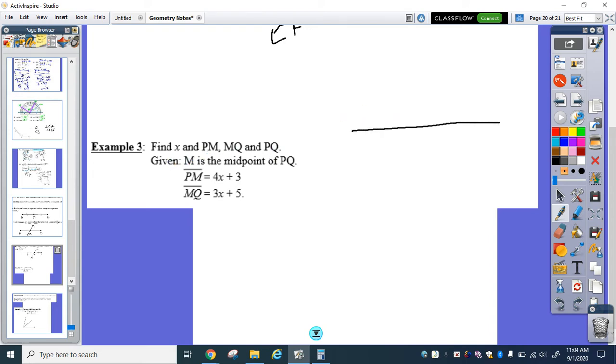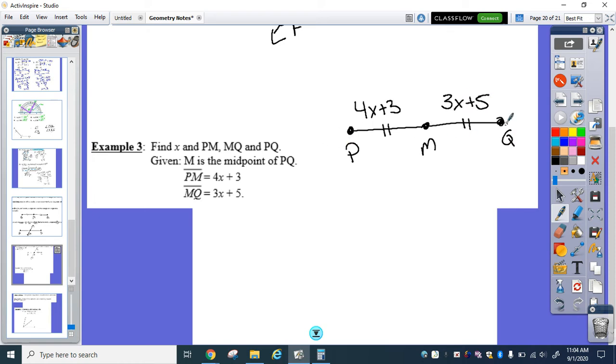So let's start with a line segment PQ where M is the midpoint. So we know that these two sections are equal. They told us P to M is 4x plus 3, and M to Q is 3x plus 5.